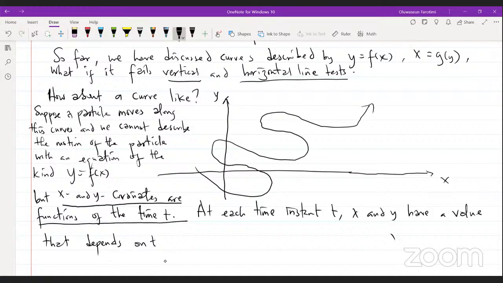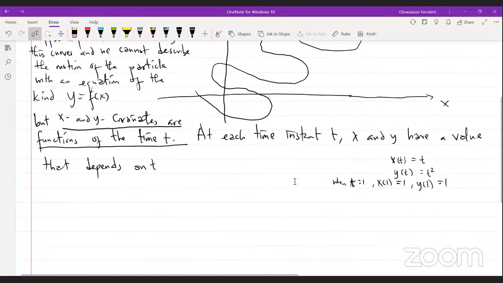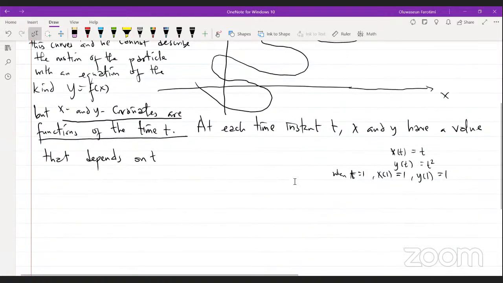If I have my x of t, call it t, suppose y of t is t squared. When t equals 1, what does it mean? It means I can determine x of 1. X of 1 is going to be 1. Can I determine x of 2? Definitely. y of 1 becomes 1. Now, when t is 2, that keeps changing, because x and y depend on the value of t.